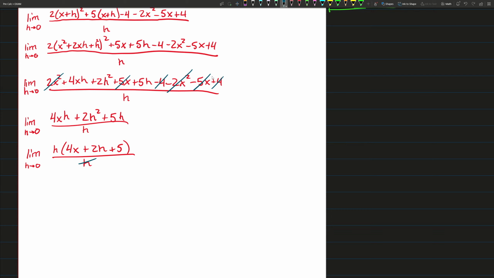These h's are common factors, so they divide each other and become 1. So then we have the limit as h approaches 0 of 4x plus 2h plus 5. And when we plug in h equals 0, we just get 4x plus 5, and that's our answer.